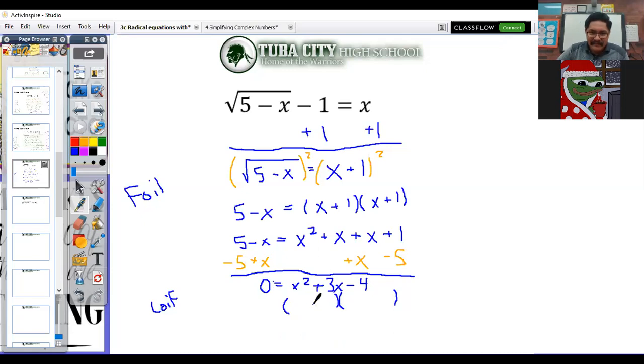Anyway, so last numbers. So we work with our last number here, which is -4. Now keep in mind that there is a sign there, but the first thing I need is 2 numbers. So I need 2 numbers that multiply to 4. And I think most people's first reaction would be 2 times 2. But I'm going to tell you right now, that's not right. That's not going to work.